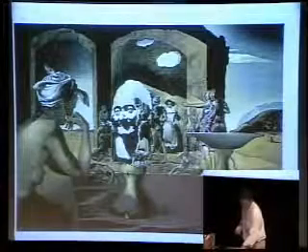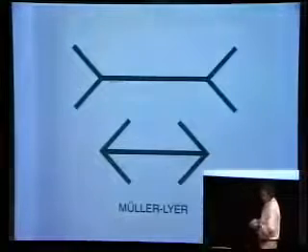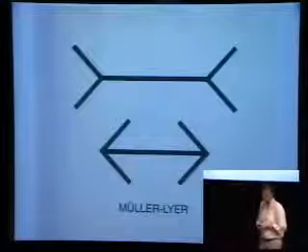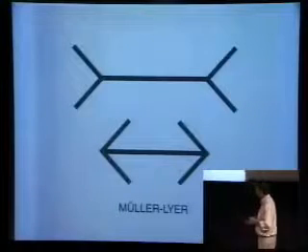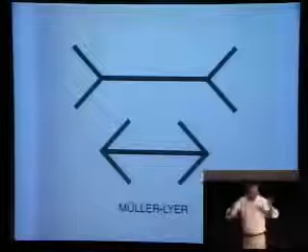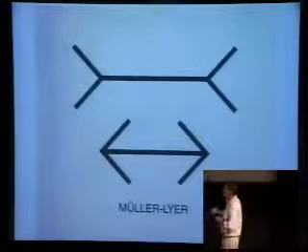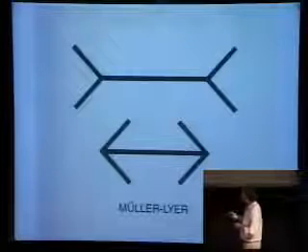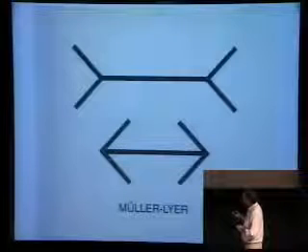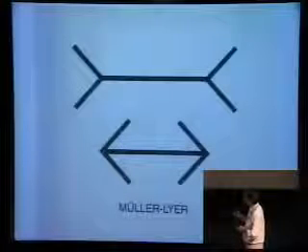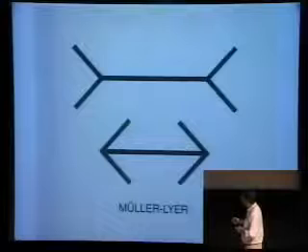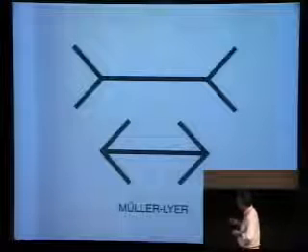Here's another class of examples. This is what's known as the Müller-Lyer illusion, where, if you're way over on the side, you may not see this quite so well, but most people see this horizontal line, the top line, as longer than this line.